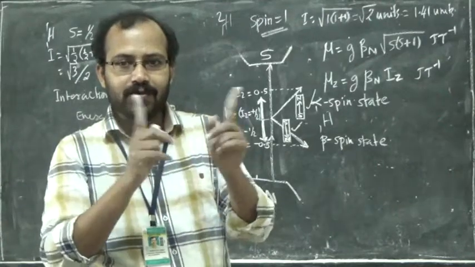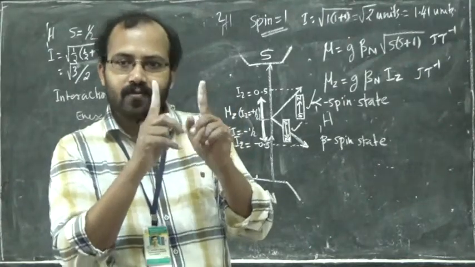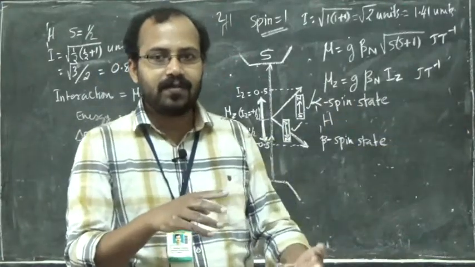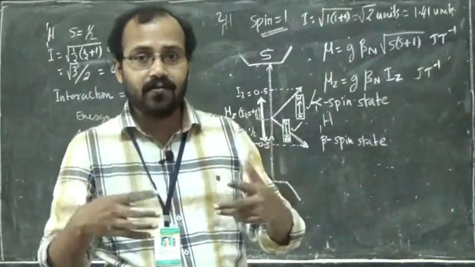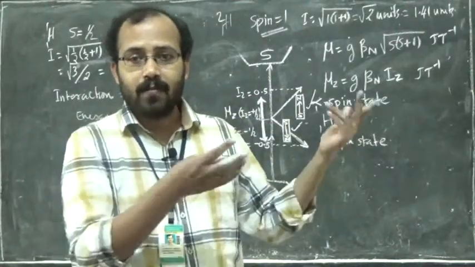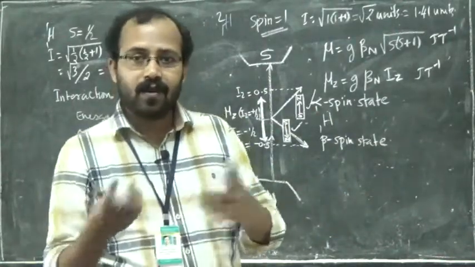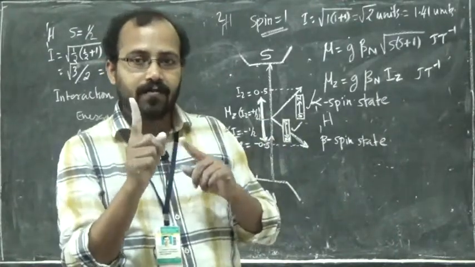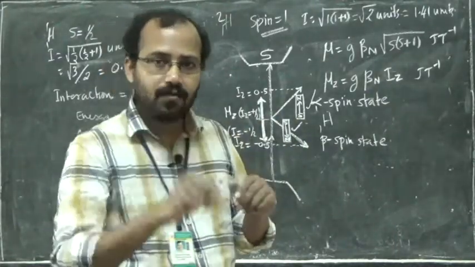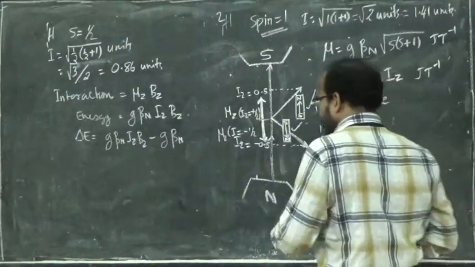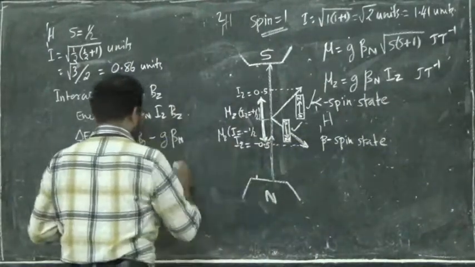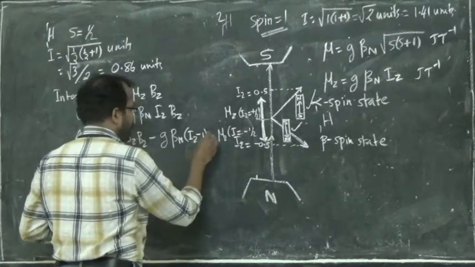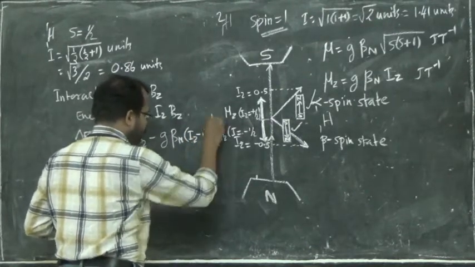What is the difference between two successive Iz values? 1. Similarly, if spin is equal to half, then the Iz values are plus half, minus half. The difference between half and minus half is equal to 1. So the next possible Iz value for the successive state is Iz minus 1, Iz minus 1 into Bz.